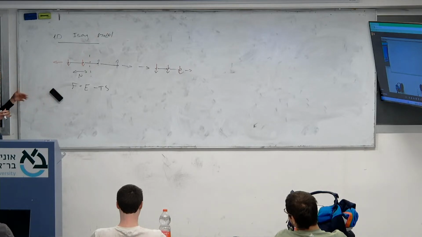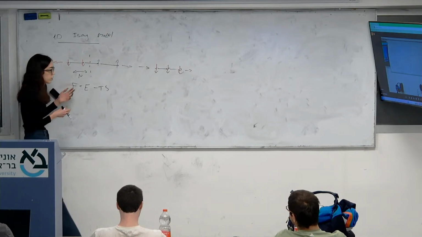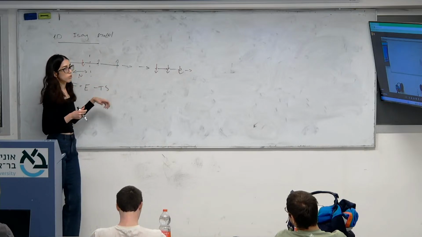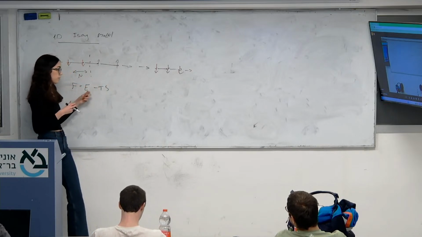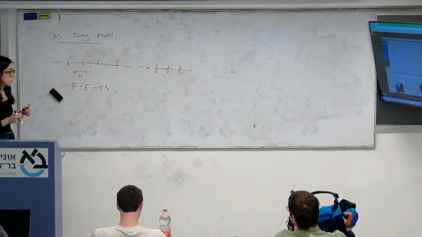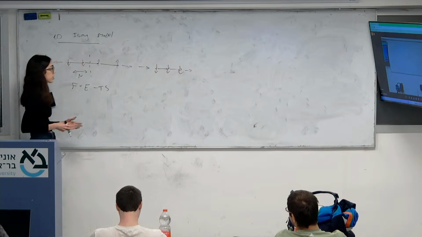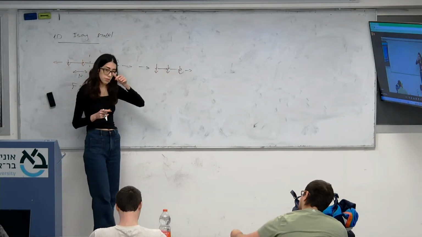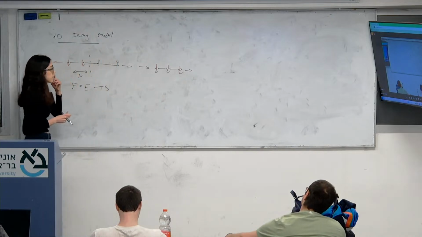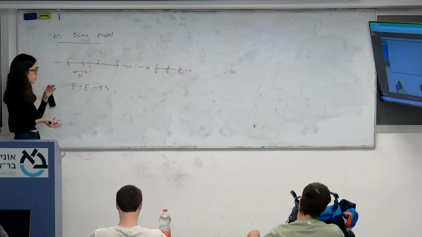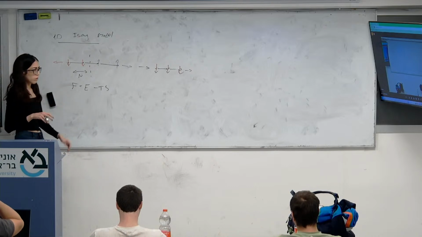You know that from thermodynamics, I hope. If you minimize the free energy, you maximize the entropy and minimize the internal energy. So this is what we want to do. Let's calculate the difference in the free energy between the two cases and see which state the system will choose.